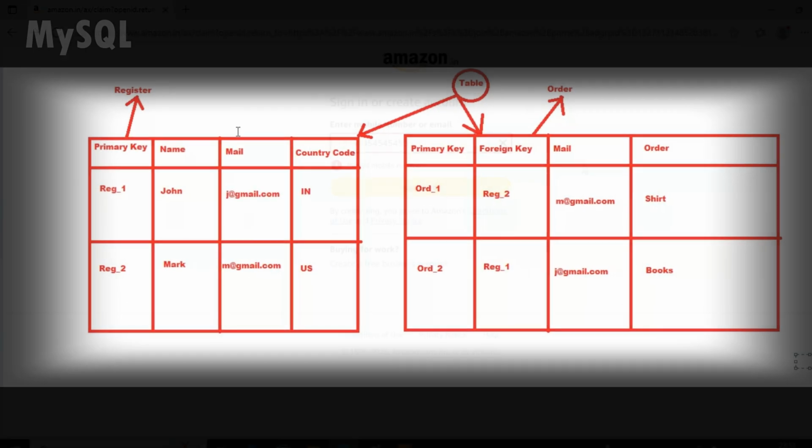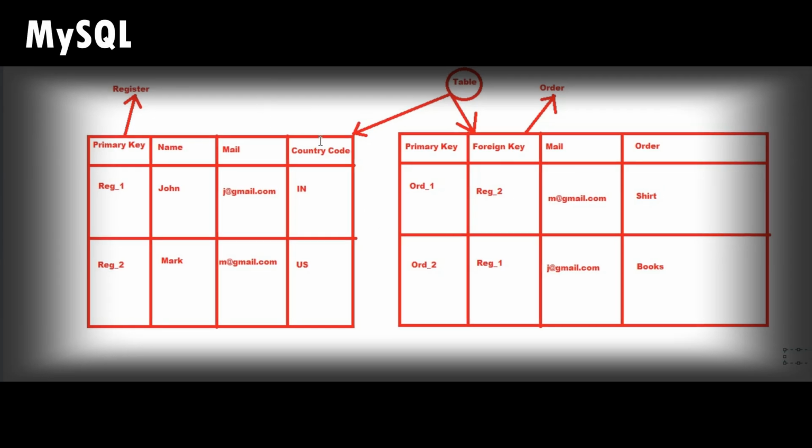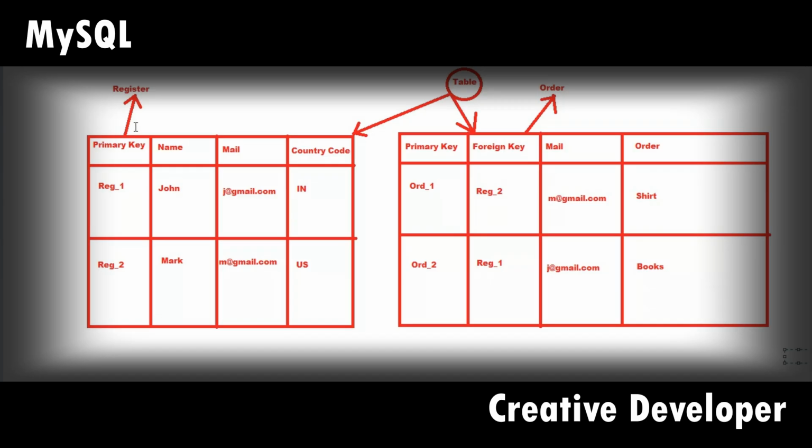I will show you. Here I have opened this and drawn a small table, just to give you one example. When we register, suppose it asks for the name. Here this is the name: John, then we have another name, Mark. This means two users registered here. Just consider this is one kind of website's data.